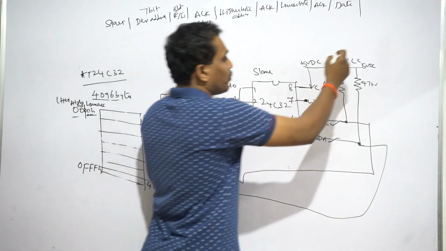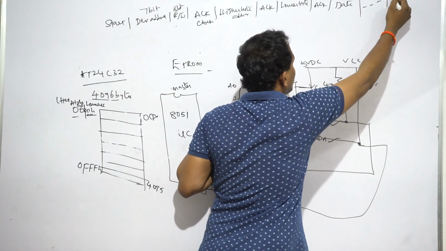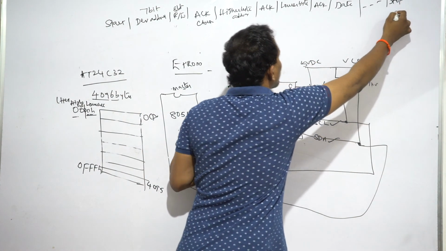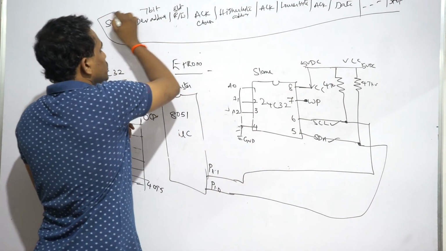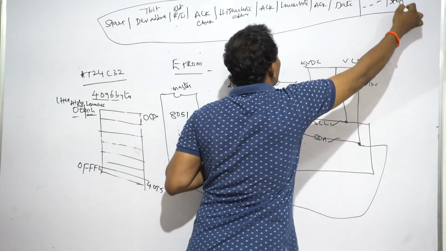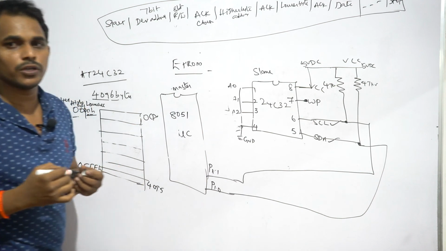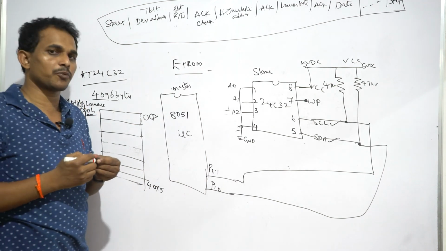Okay, if you want to do continuous operations, you can continue, otherwise if you want to stop the communication, you can stop. So this is the simple data frame you have to write whenever you want to do certain operations with this EEPROM device.